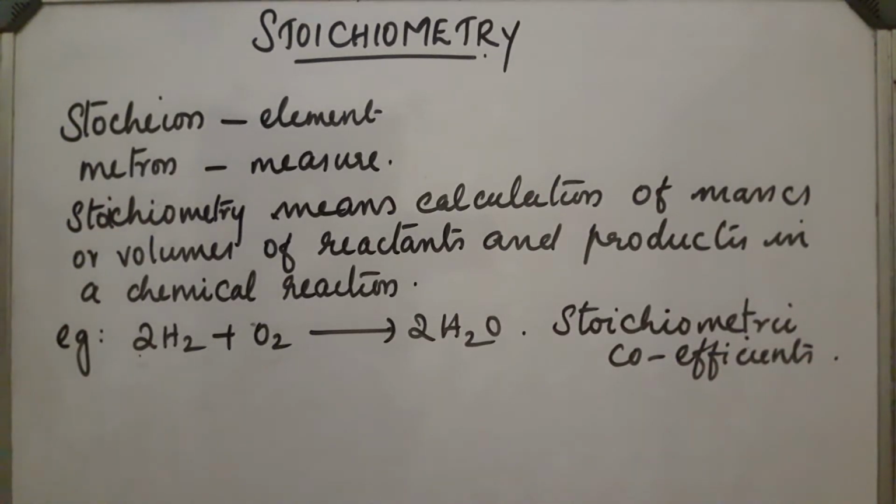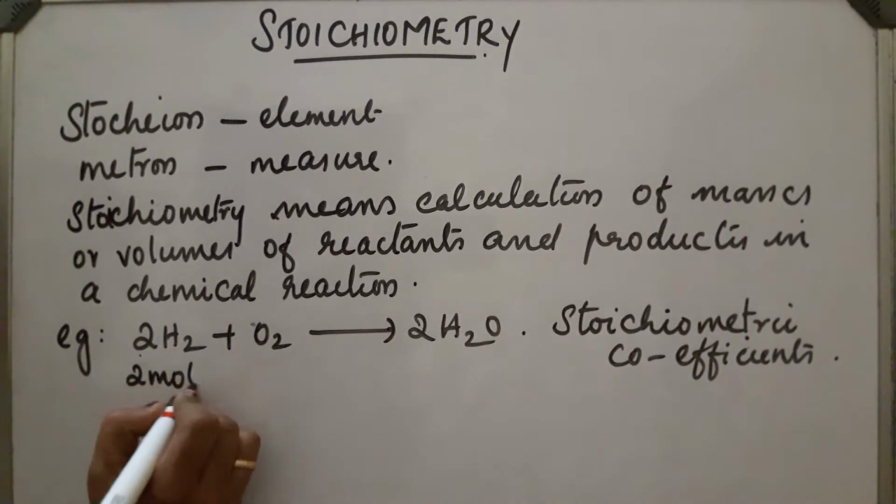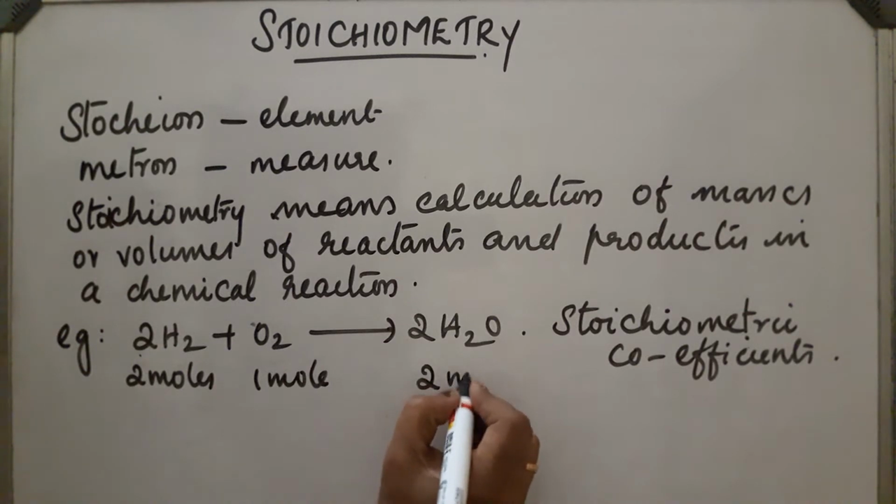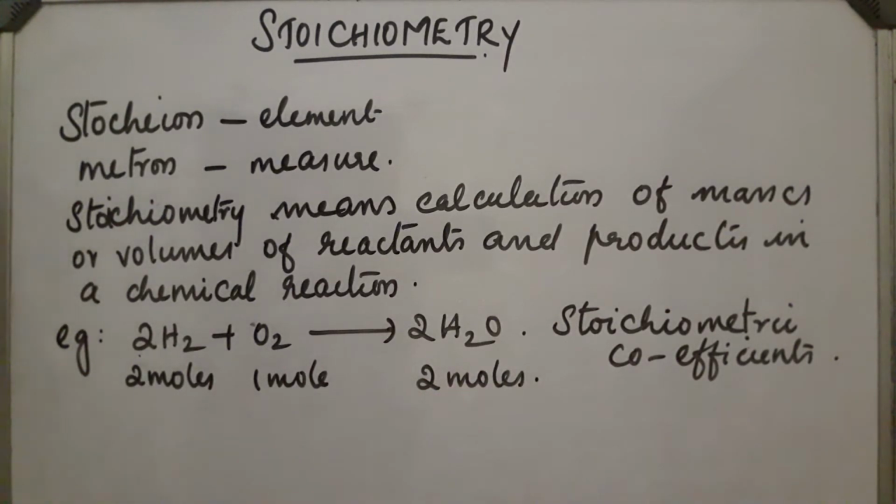So, from this equation, we can easily calculate the masses of different reactants and the products. Okay, here 2 moles of hydrogen react with 1 mole of oxygen to give 2 moles of water. Now what will be the mass of hydrogen taken? That is 2 moles of hydrogen.